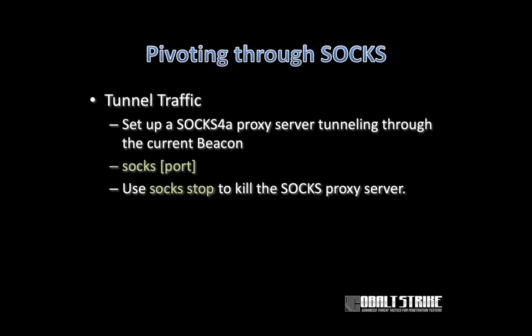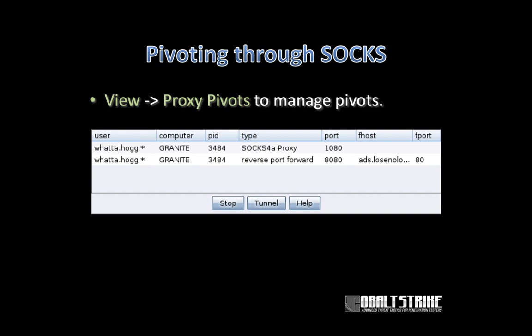And to stop the SOCKS proxy server, use SOCKS stop in the beacon console. After a while, it will become kind of confusing keeping track of all these different proxy pivots. If you go to View Proxy Pivots, you can see which sessions have proxy servers enabled, which port they're bound to, and you have the option to stop them right there as well.